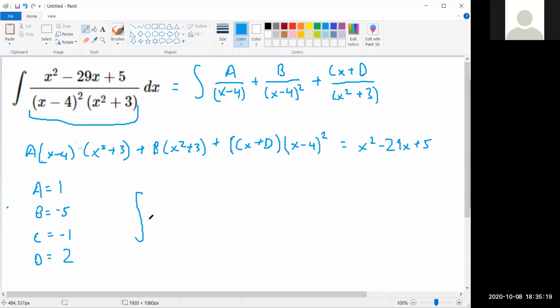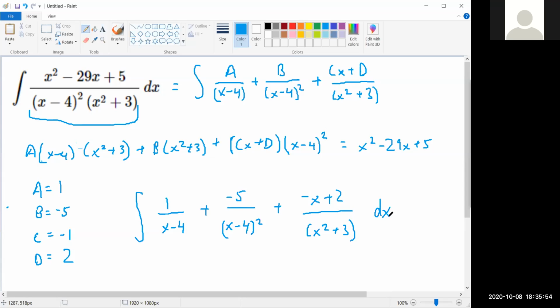This would be 1 over x minus 4, plus -5 over x minus 4 squared, plus Cx plus D, so that's -x plus 2 over x squared plus 3, dx.